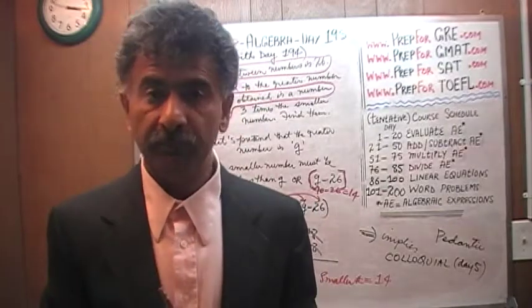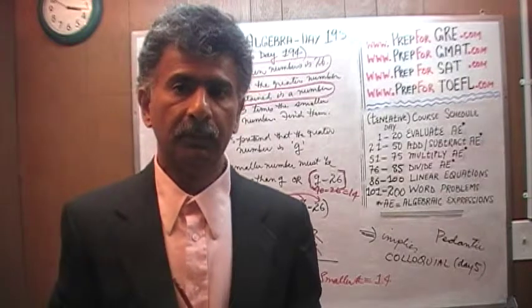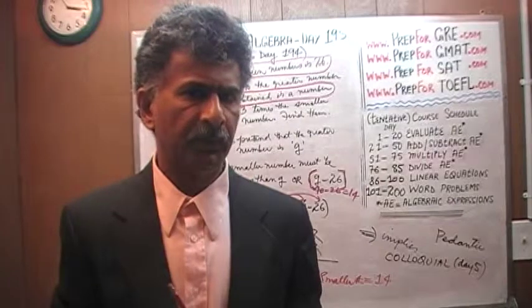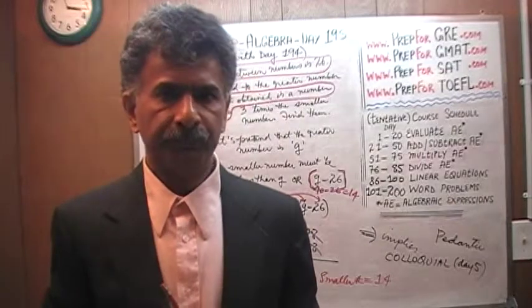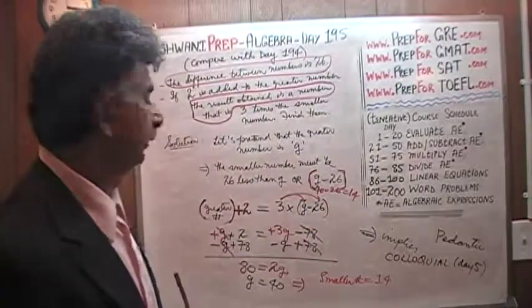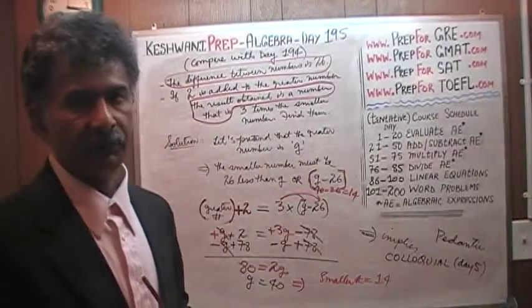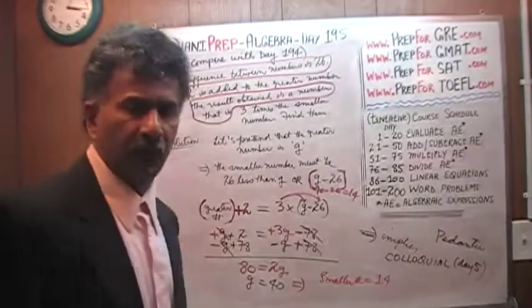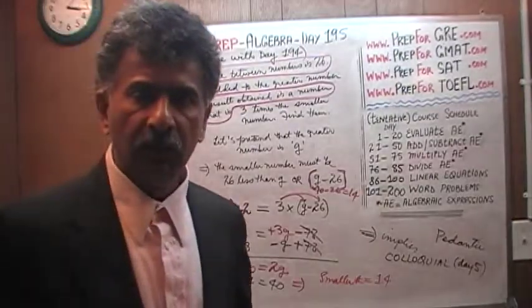You would say, well, large number is 26 more than the small number. And if somebody were to ask you, how does the small number compare to the large number? You would say, smaller number is 26 less than the large number. I hope I said it right. Obviously I have no way of listening to it. So how does the large number compare to the small number?